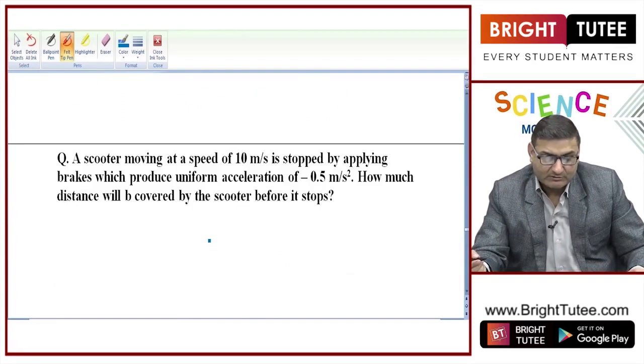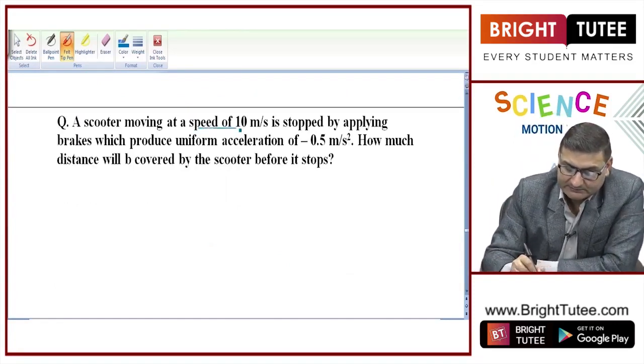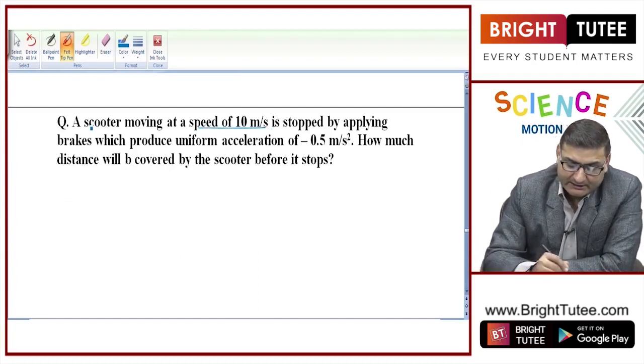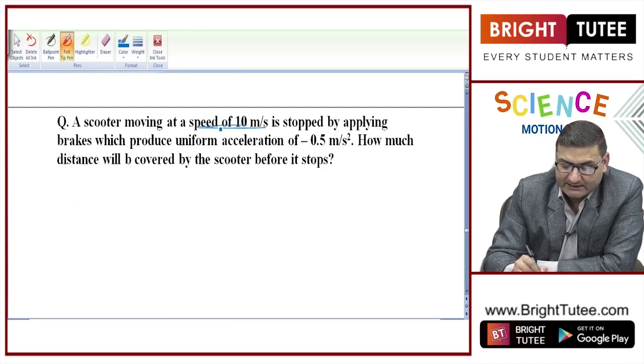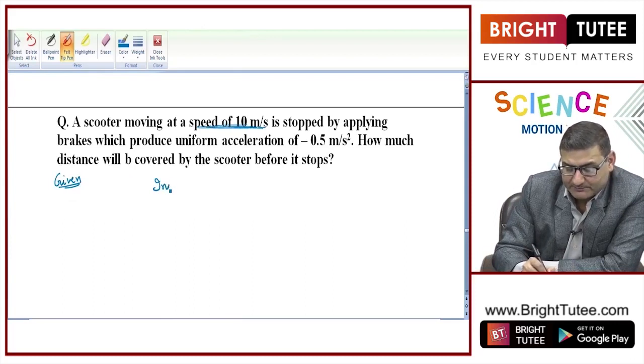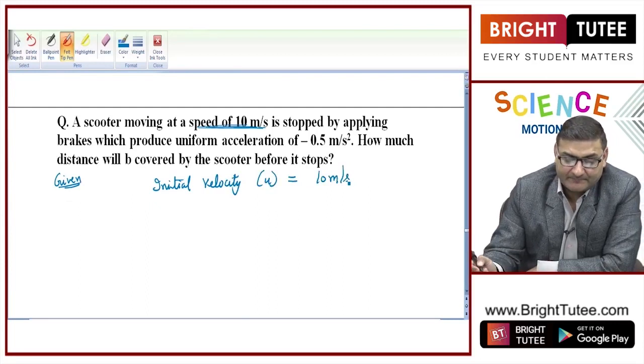Alright. A scooter moving at a speed of 10 meter per second. Initially, the scooter is moving at this particular speed. So, given in the question is the initial speed, or the initial velocity, of the scooter, represented by small u, to be 10 meters per second.